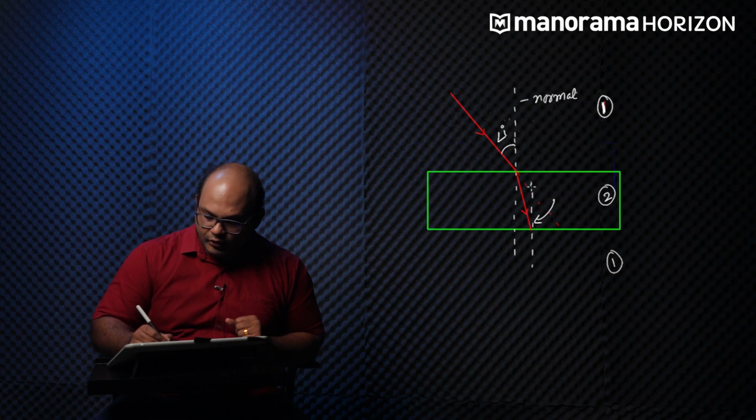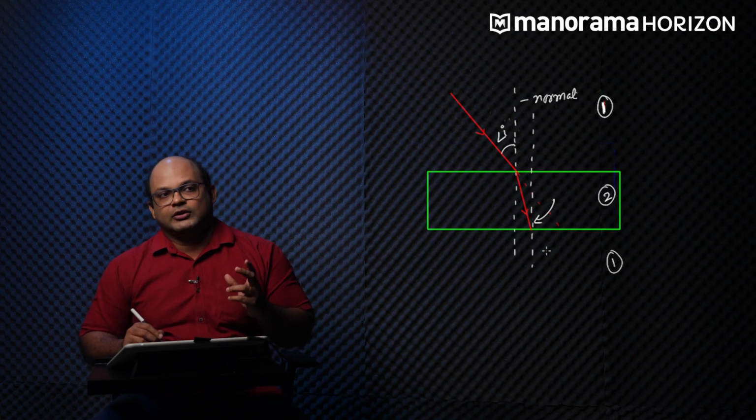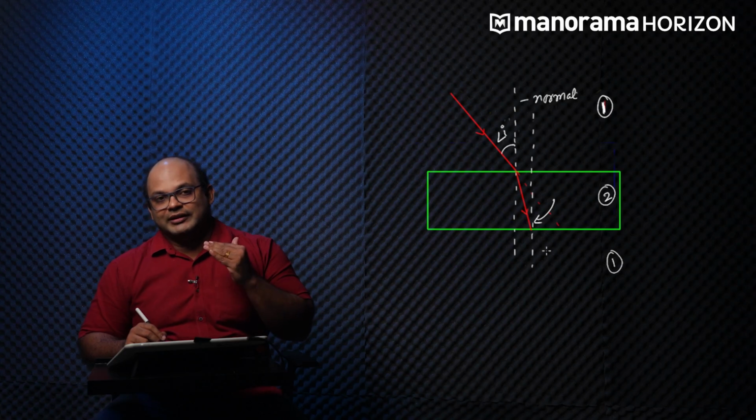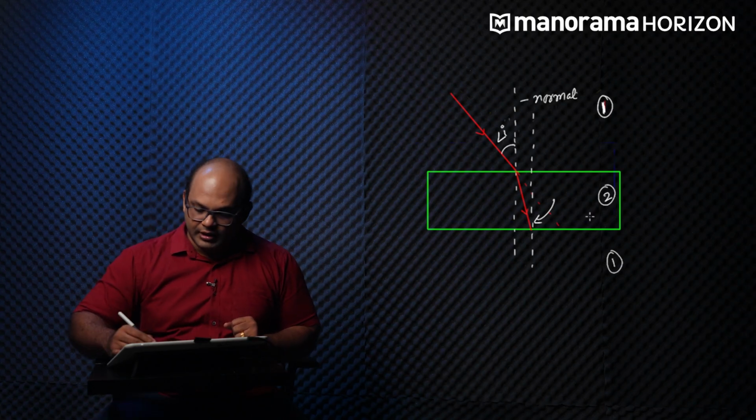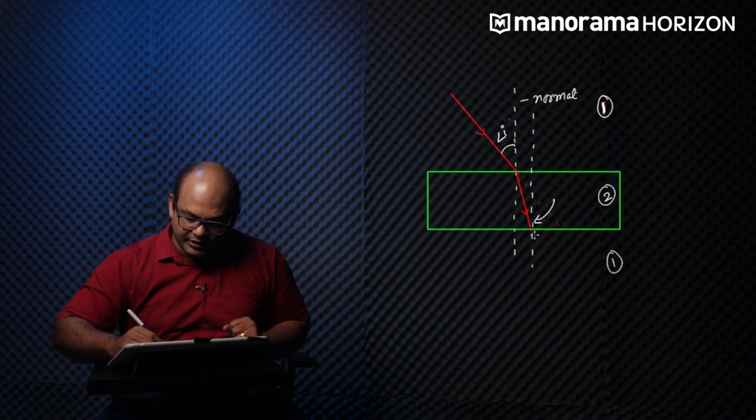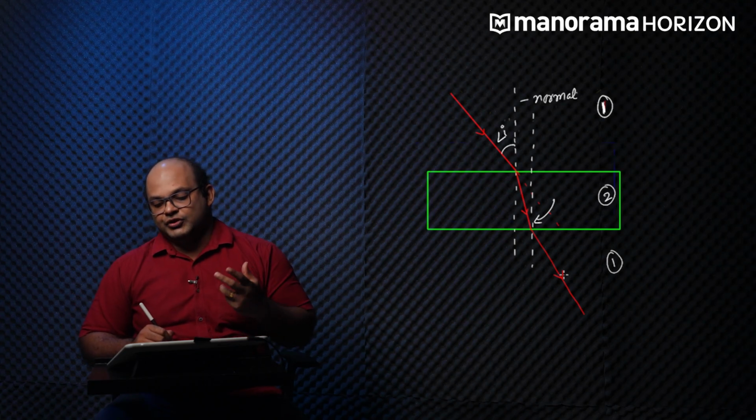So here is another normal. And here we will apply the rule again. So here we are going from a denser medium to a rarer medium. So in this particular case, the ray of light will bend again away from the normal. So this will be the emergent ray.